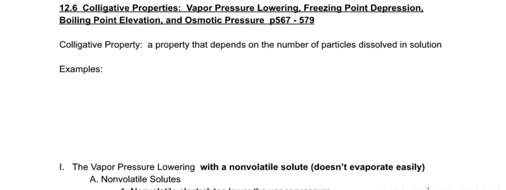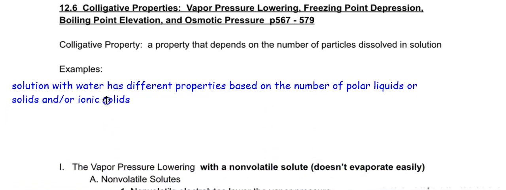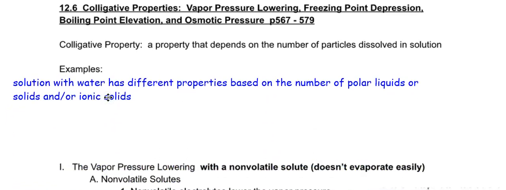Well, we have different kinds of solutes, don't we? The most common solvent, let's use water here. It doesn't have to be water, as we're going to find out a little bit later. But what kind of things can we put in water that makes a solution? It could be gases, although we really don't talk about gases being the solute in this section. It could be liquids. What kind of liquids could we pour in there?